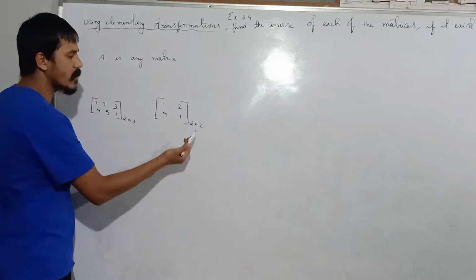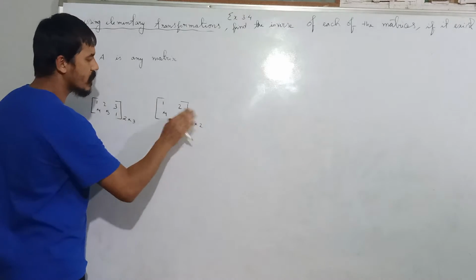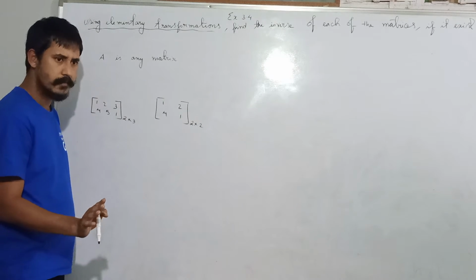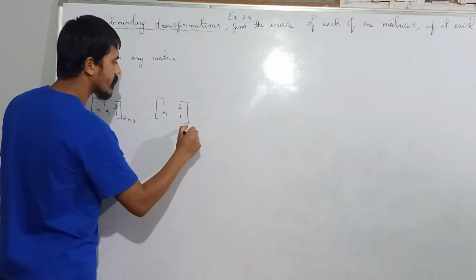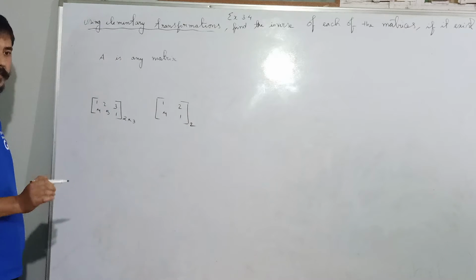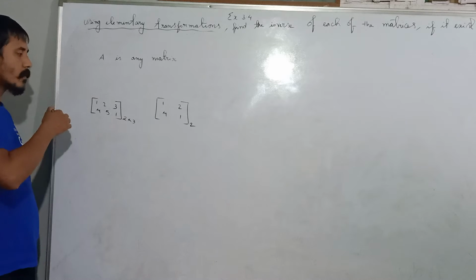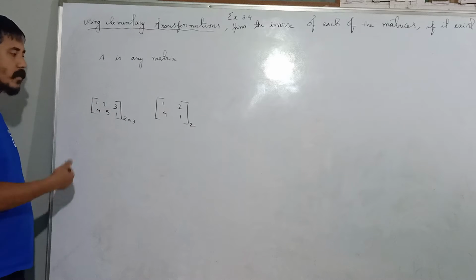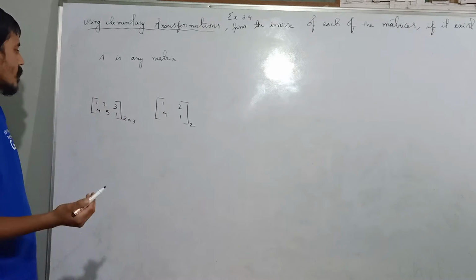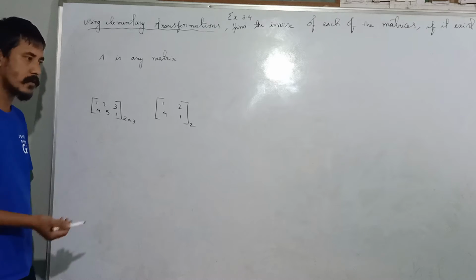So instead of saying it has order 2 cross 2, you can say it has order 2. But for a rectangular matrix, the number of rows and columns are not equal. So in that case, you have to say 2 cross 3 matrix, 3 cross 1 matrix, 4 cross 3 matrix.